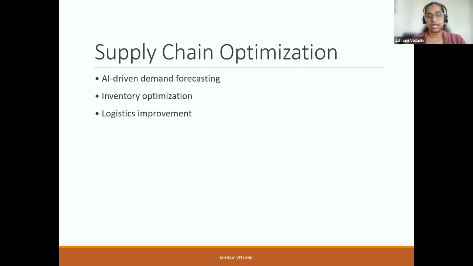This proactive strategy reduces stockouts or overstocking, resulting in cost savings and enhancing customer satisfaction. The use of AI in supply chain operations has been linked to greater resilience and efficiency than the other sectors in the life cycle.